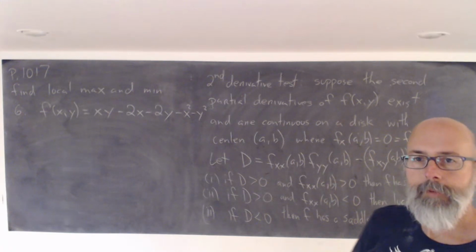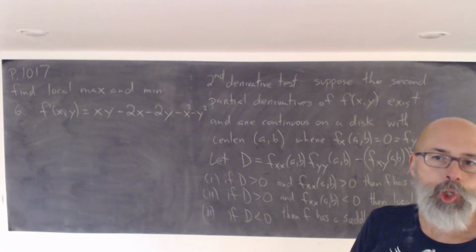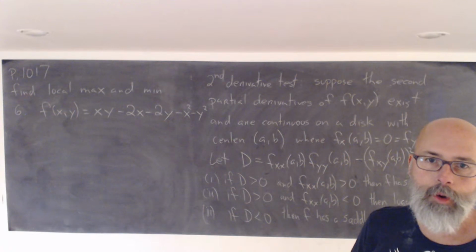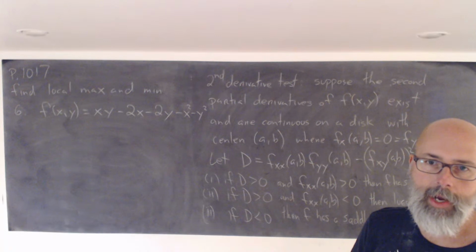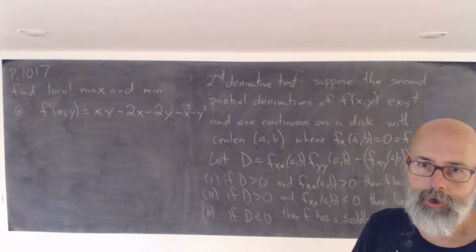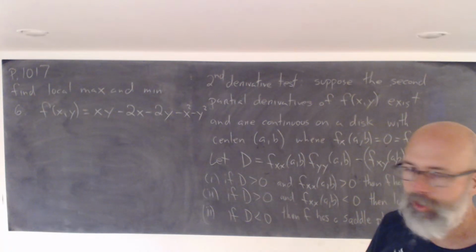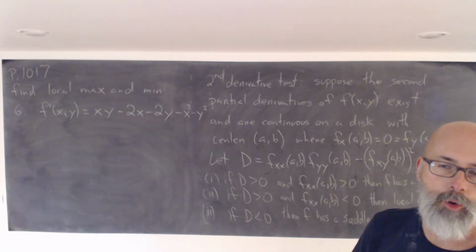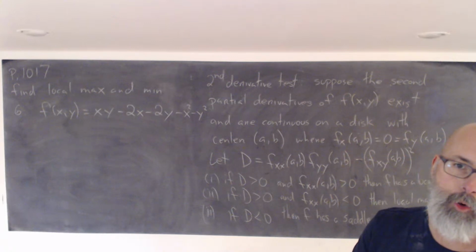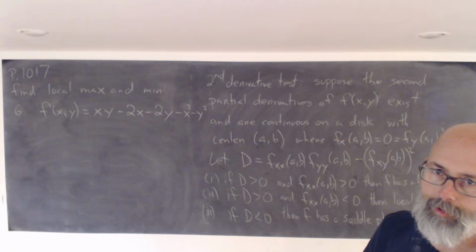All right, there it is. So let's start by finding the partial derivatives with respect to x, partial derivatives with respect to y, and we'll set them equal to 0. In fact, I think it's clear to see here that they're all going to exist. So critical points are going to be where the partial derivatives are equal to 0.